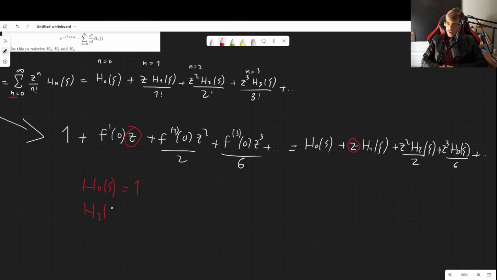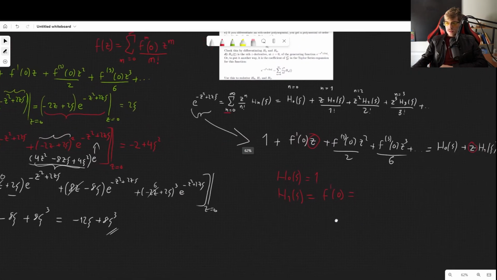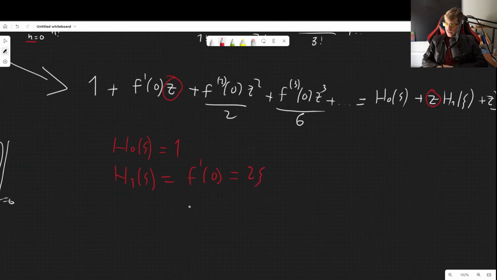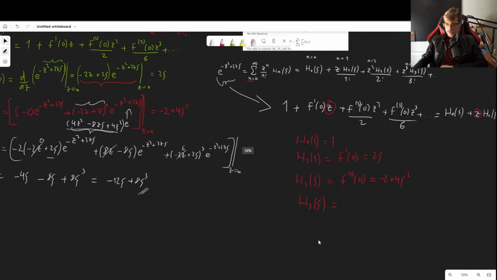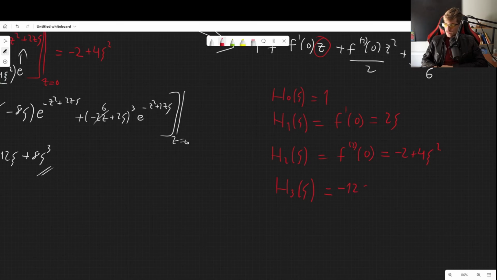We need h1 of ψ to be equal to f prime evaluated at 0, which we already know is 2ψ. h2 evaluated at ψ, this is f twice derived, and that is minus 2 plus 4ψ squared. h3 is, let's see, minus 12ψ plus 8ψ cubed.